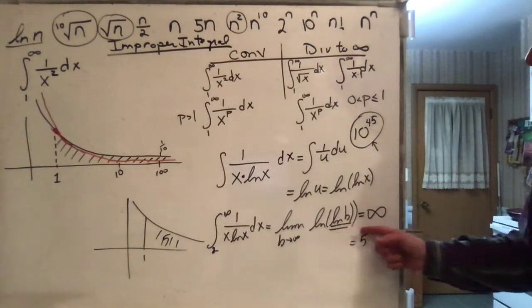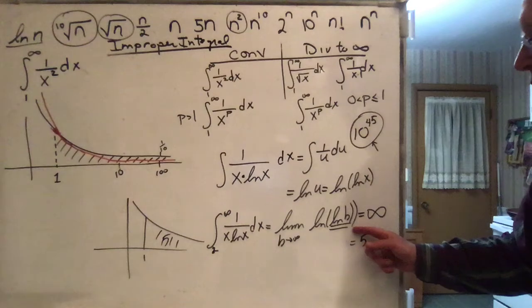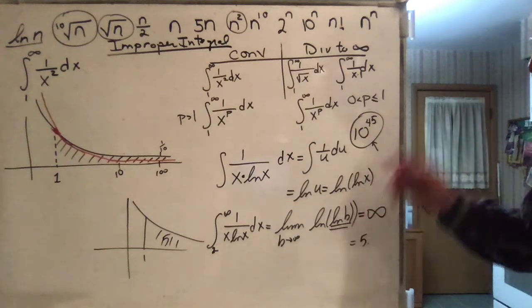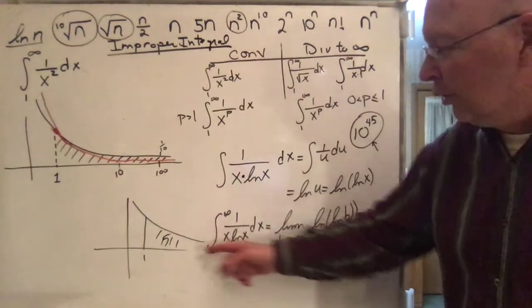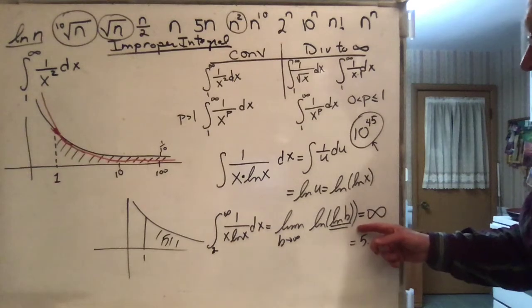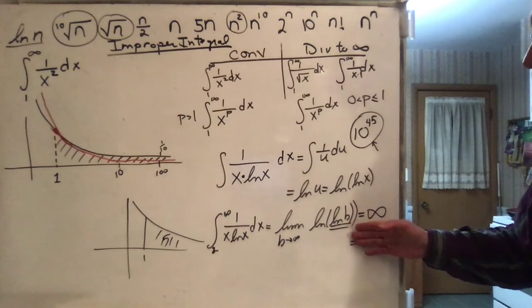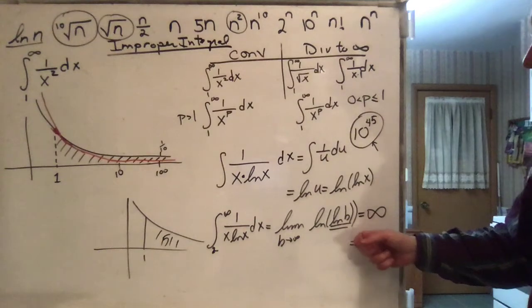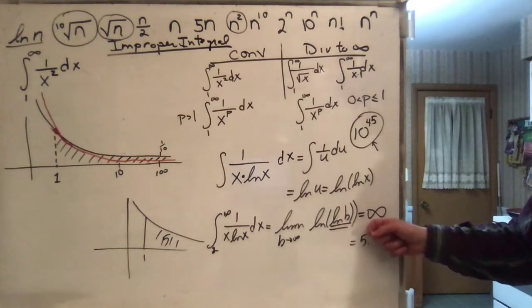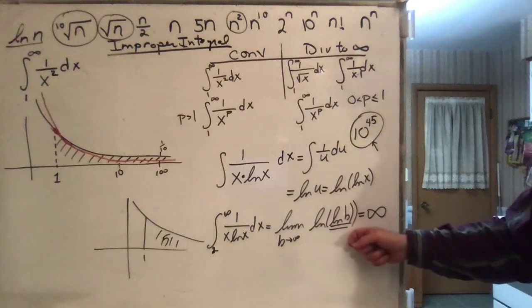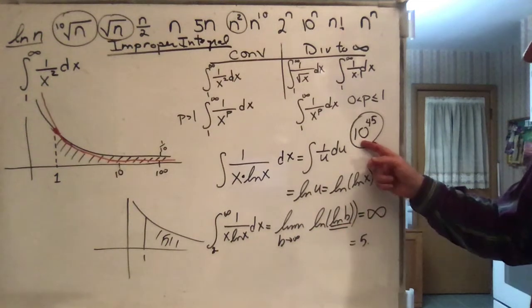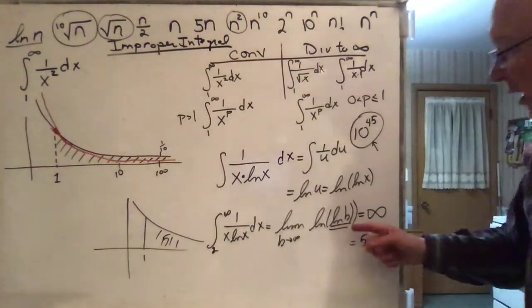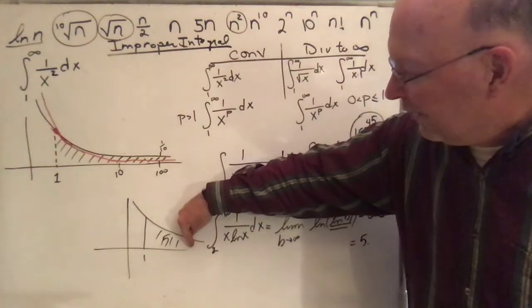However, we can kind of cavalierly and casually say, oh yeah, it only goes to 5, but what happens as you go farther and farther, it'll just keep getting bigger and bigger, and that area is going to go off to infinity. So it's almost like we're using words we can't even comprehend when we say, oh yeah, this is going to go off to infinity, but it goes so slowly that by the time you get here on the x-axis, the area has only gone to 5.